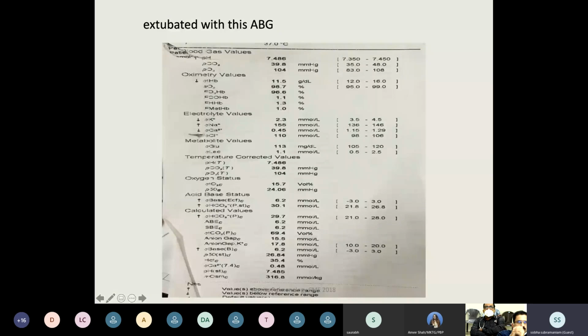Saturation 98.7, bicarb. Look at the bicarb, it is going up, 29.7. So she was extubated with this ABG. So you can see that the ABG changes from hour to hour, and it also changes with the treatment. So, a successfully treated patient with abnormal ABG.